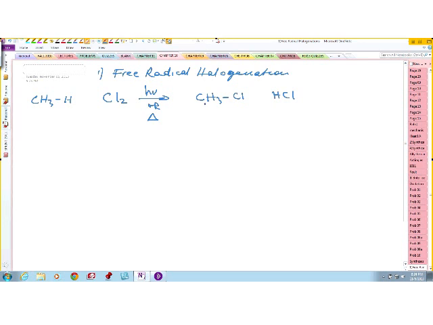Okay, so let us give you the mechanism for this reaction. Of course, it doesn't have to be methane that we are using. We could also use, for example, cyclohexane.